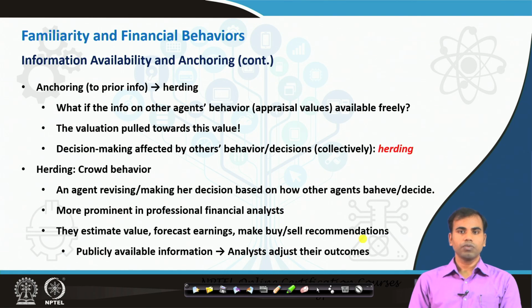So, that is why we started with the argument that when information is available easily or for free, most of the time people's behavior in terms of investment decision making is affected by information availability, and that is where representativeness bias and availability heuristics might lead to anchoring as well as non-anchoring, or rather herding behavior, in the stock market.